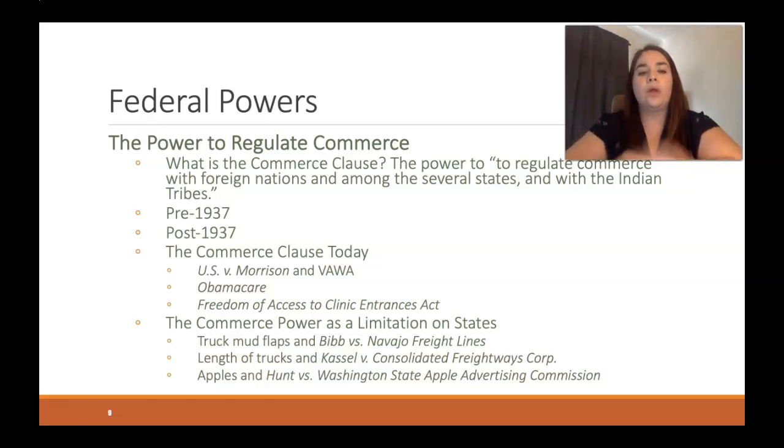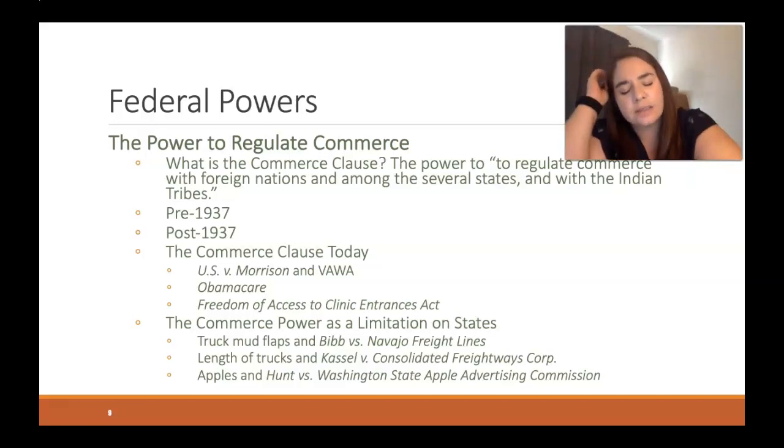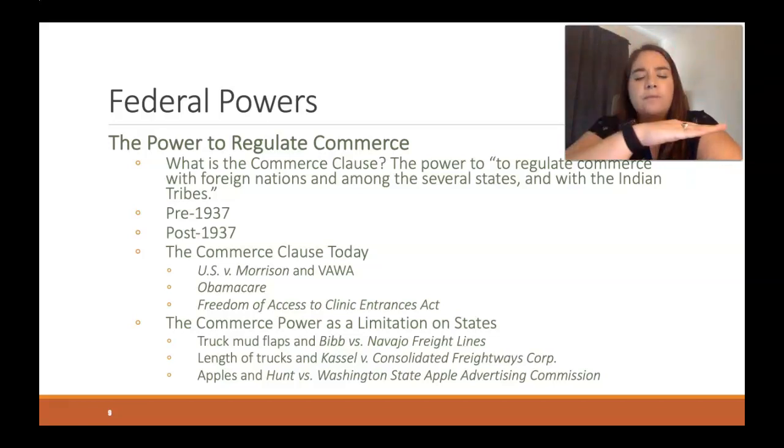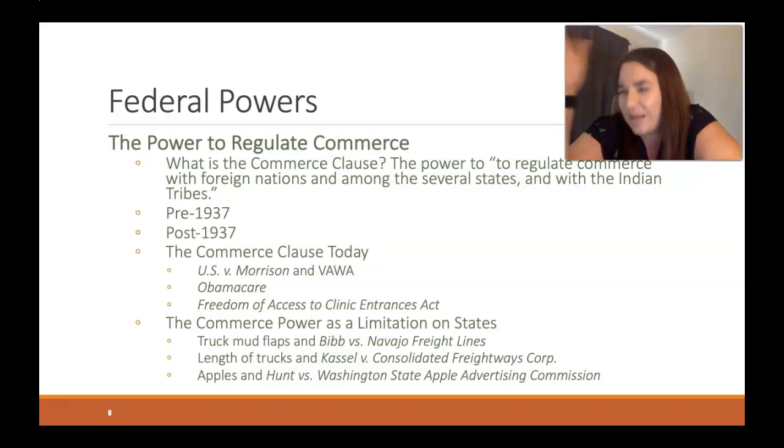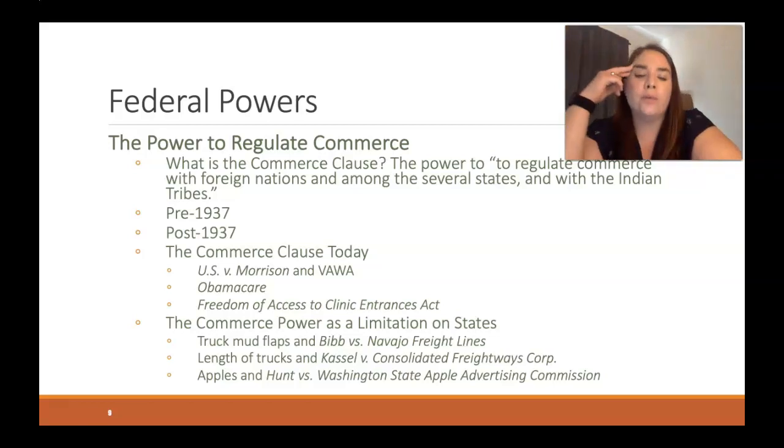Now, when we look at the Commerce Clause today, we've kind of petered out on the radical utilization of the Commerce Clause, but there are some interesting ways that it has been used and ways that it hasn't, right? So if you look up U.S. versus Morrison, this was a case about the Violence Against Women Act, and Congress passed VAWA.